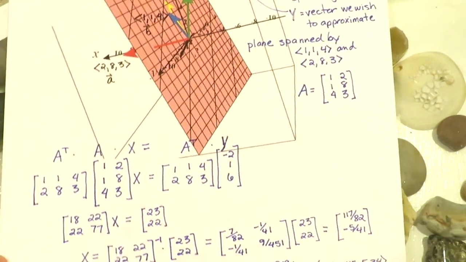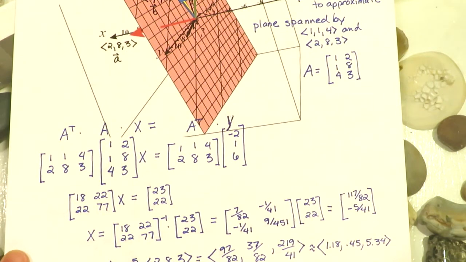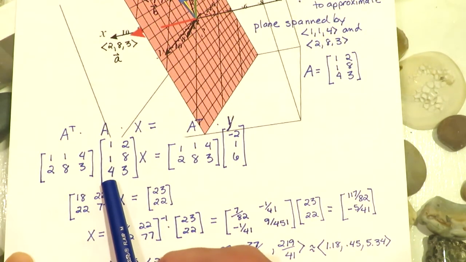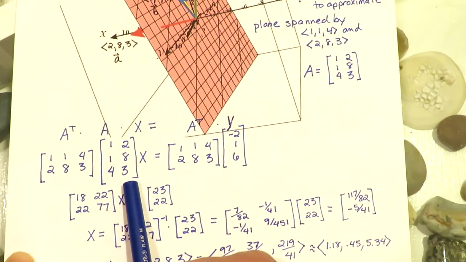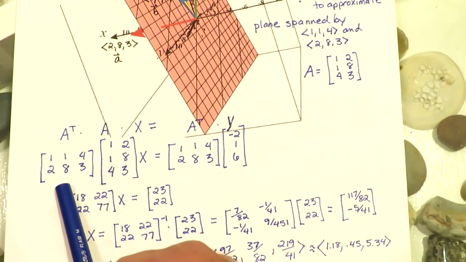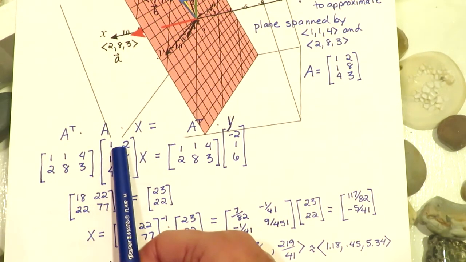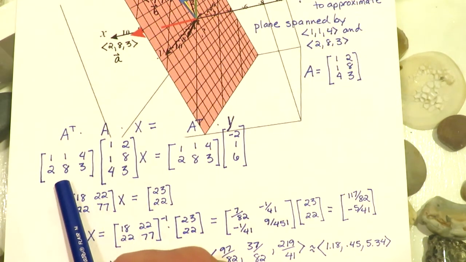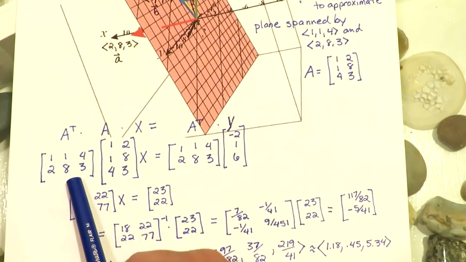So building our normal equations for our system, one of the vectors in the original span was (1, 1, 4), the other was (2, 8, 3). That forms matrix A. The transpose turns rows into columns and vice versa. So 1, 2, which was a row, is now a column. 1, 8 is now a column. 4, 3 is now a column.